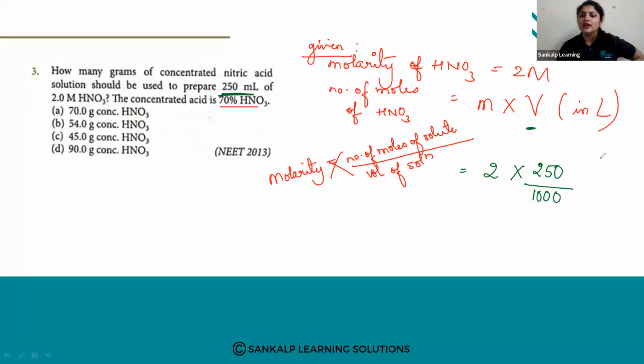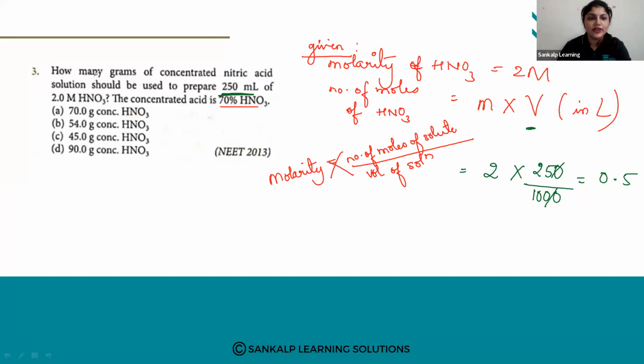After solving this, you get 0.5. So this is the number of moles of HNO3. It is 0.5.